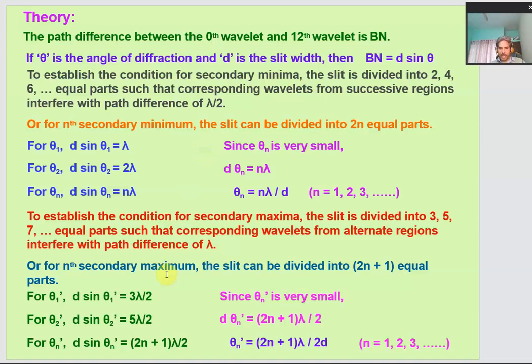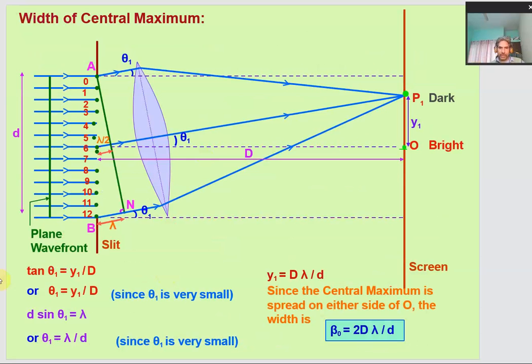Now we can proceed to find out their positions and their widths. For that, suppose on the screen we have point P1 which is at distance y1 from the center of the screen. In this triangle, this point may be taken as C, so it will be triangle C P1 O. In this right angle triangle, we will find tan theta 1.